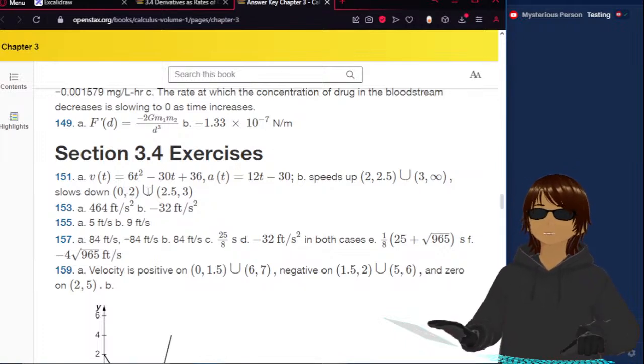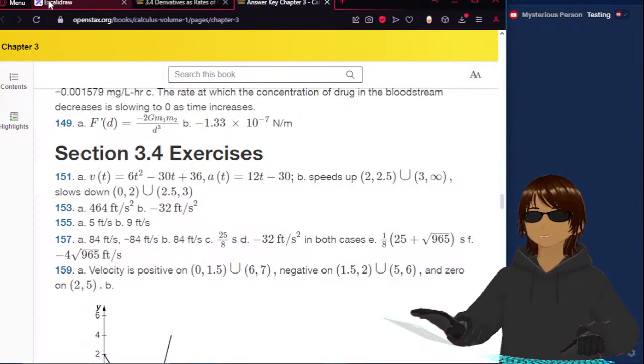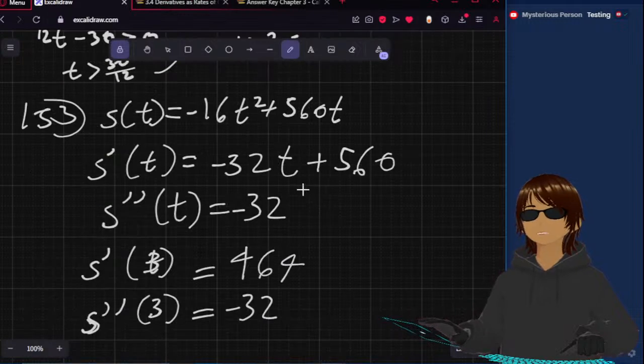Zero to 2 it slows down. Between 2 to 2.5 it speeds up. None of this makes sense. Maybe if in the comments someone can explain.